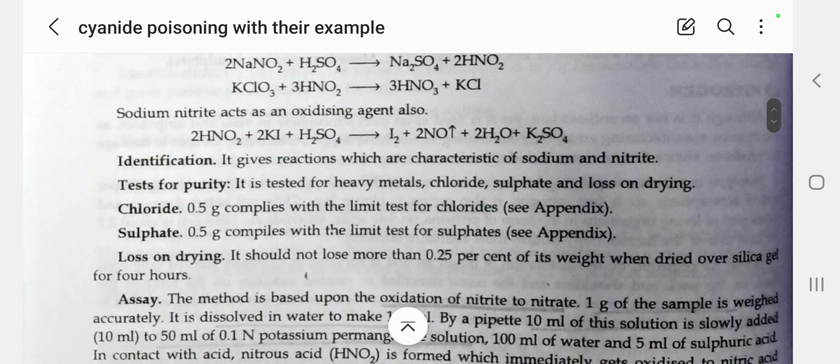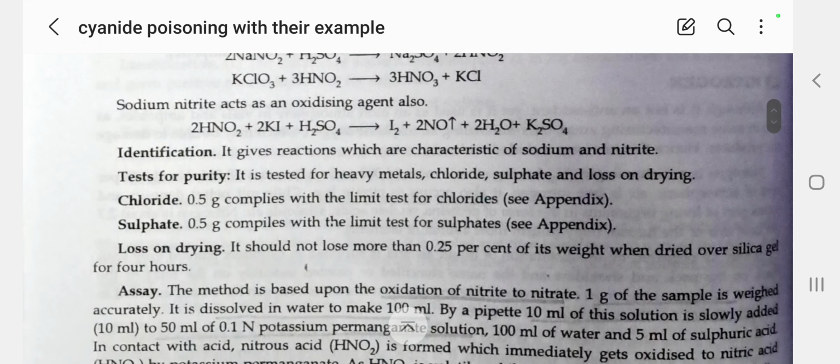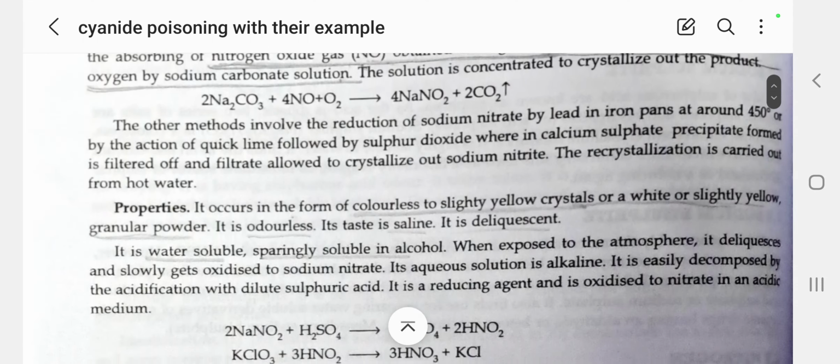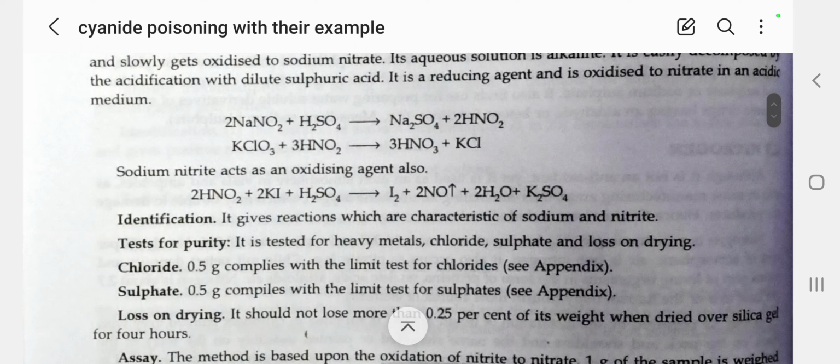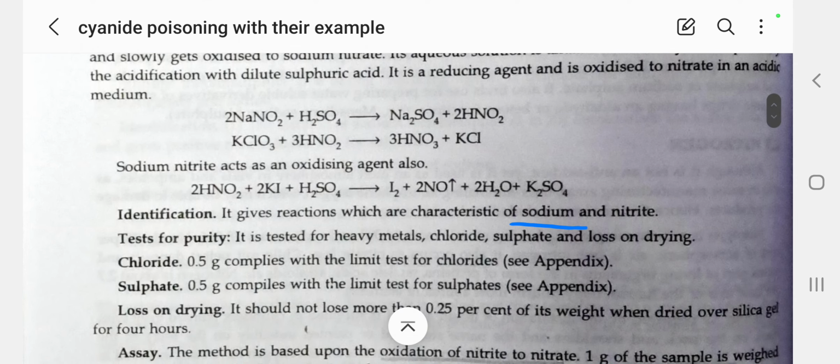Now nitrous acid, when treated with potassium iodide and sulfuric acid, liberates iodine and nitrogen oxide, along with water and potassium sulphate. For identification, it gives reactions characteristic of sodium and nitrite.